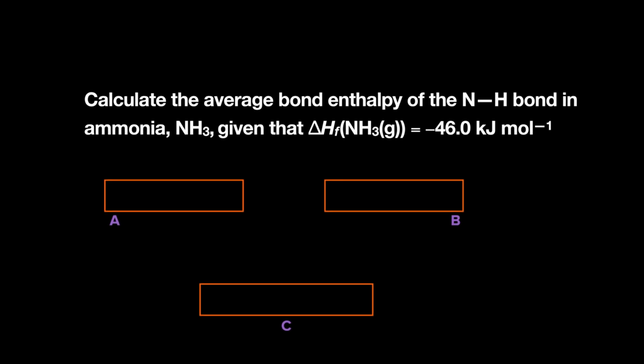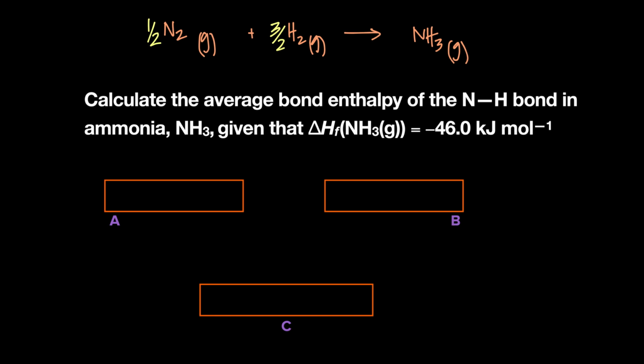Basically, first of all, you have to write the equation for formation of ammonia, which is N2 gas reacting with H2 gas to make ammonia. Since it's formation of ammonia, you want to make only 1 mole of ammonia. That means you have half a mole of nitrogen and 3/2 moles of hydrogen.